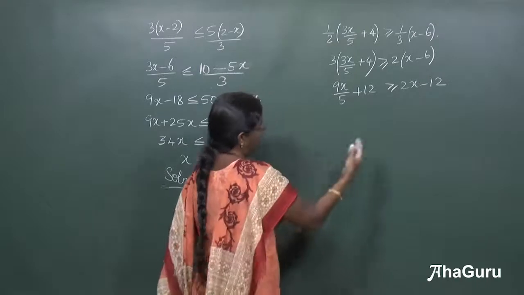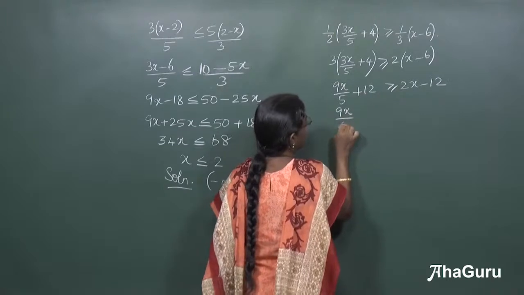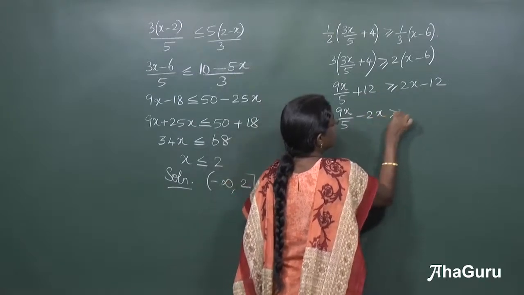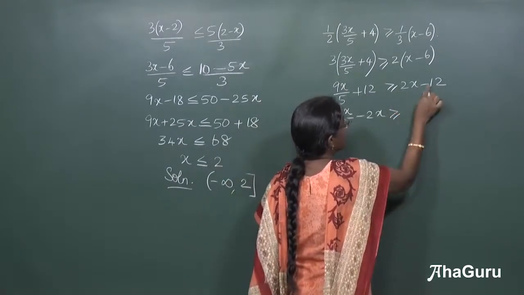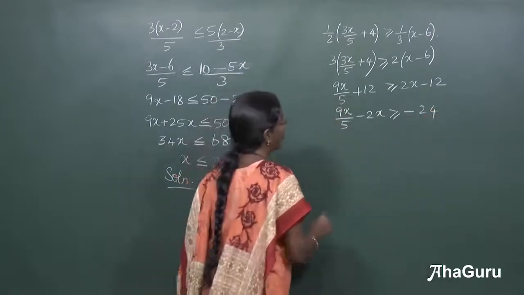Now all x terms to one side, the others to the other side. If I shift it, minus 2x is greater than or equal to minus 12, or totally it is minus 24.